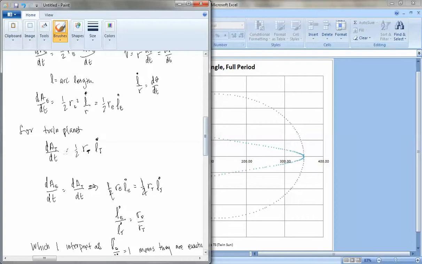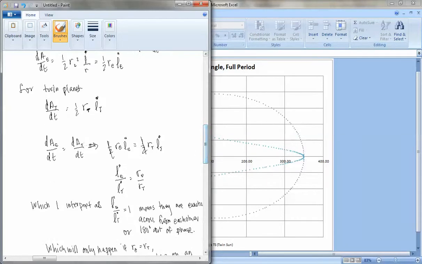For the twin planet, we have pretty much the same expression, and I took the ratios of those two. First I set the dAs equal to each other, because that's what Kepler's law states. Then I took the ratios of the two, and I basically said that the arc length distance covered over time should be equal to 1.